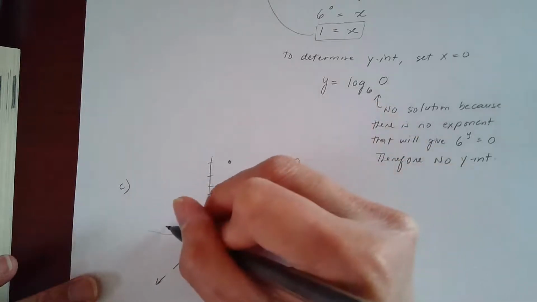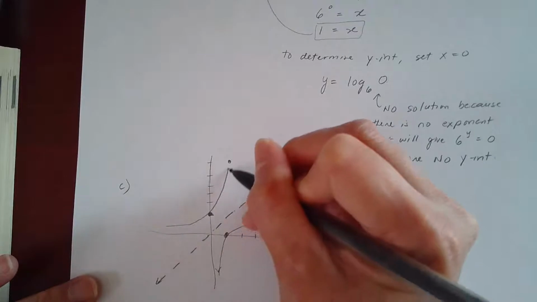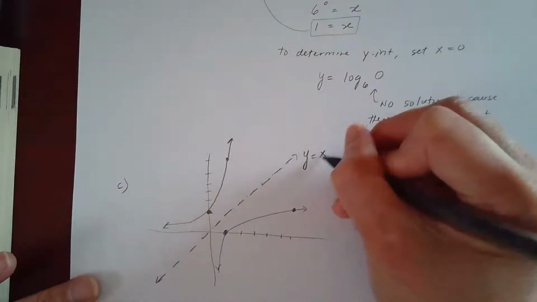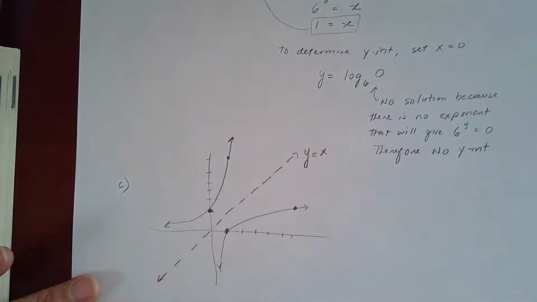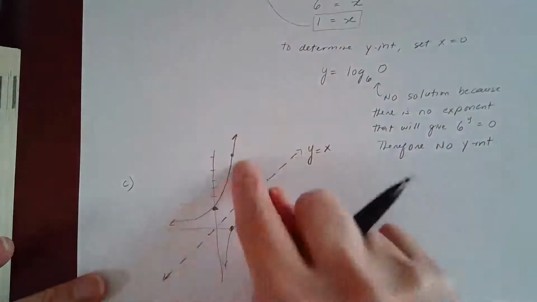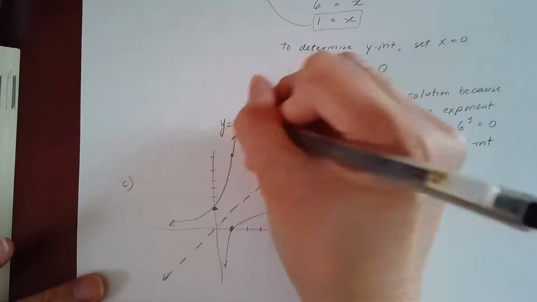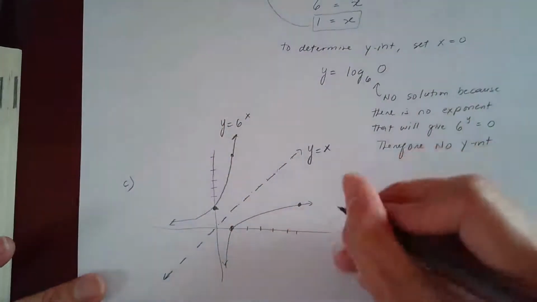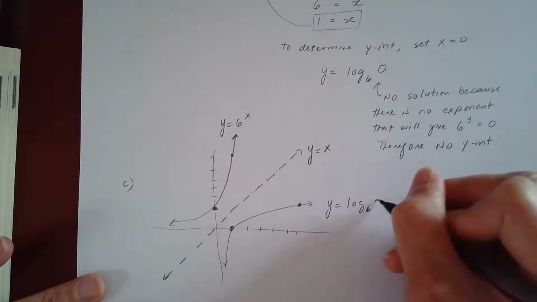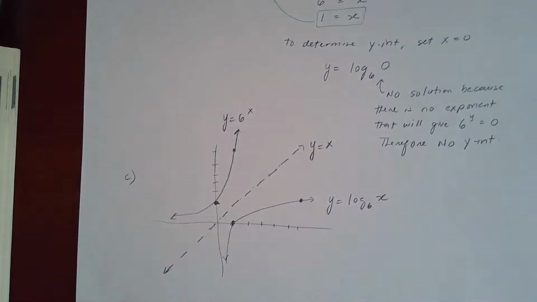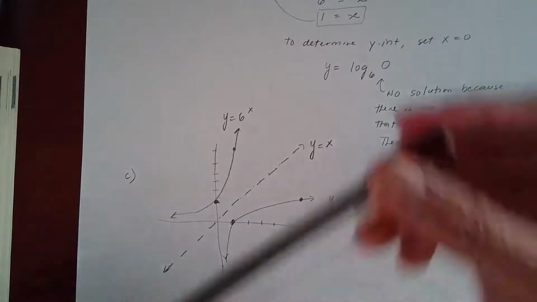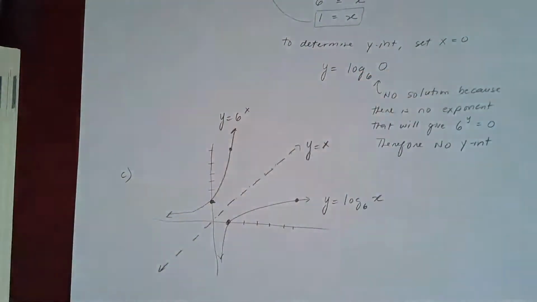So it's going to look like this one. This is the y equals x line of symmetry. This graph is y equals 6 to the x, and this graph would be y equals log base 6 of x. Okay, they are inverse of each other. They're symmetrical about the y equals x line.